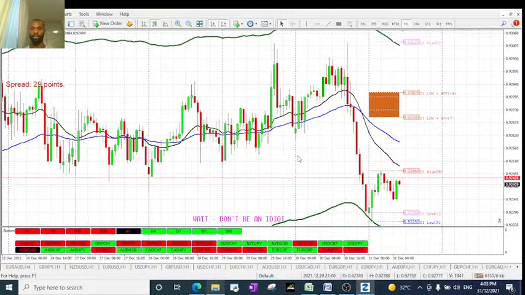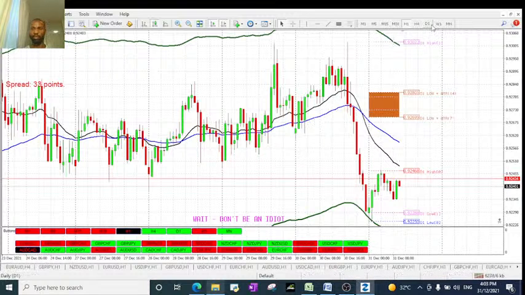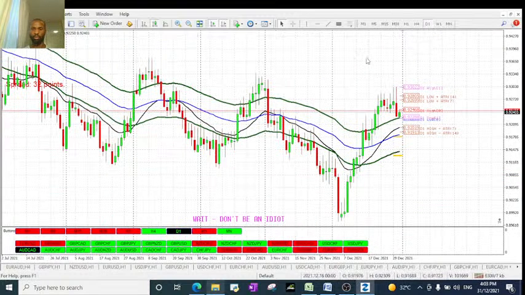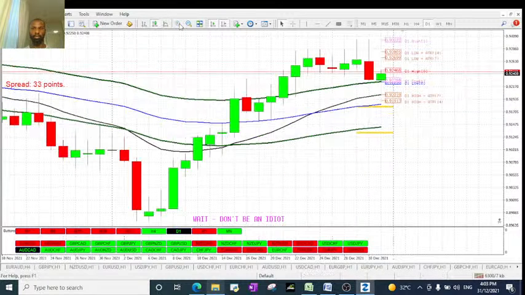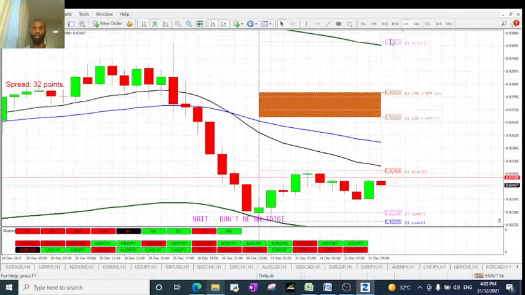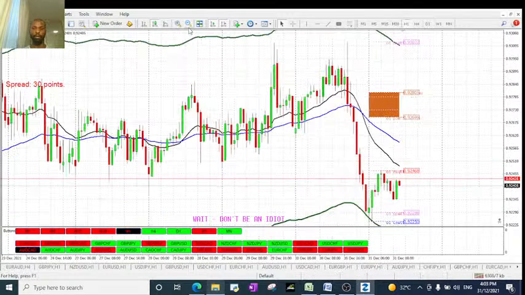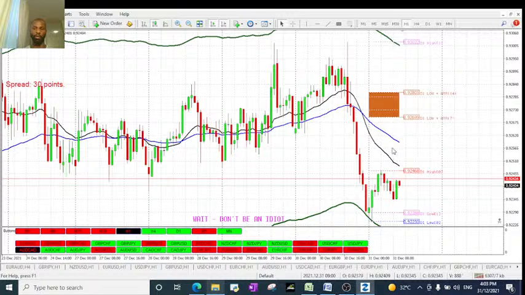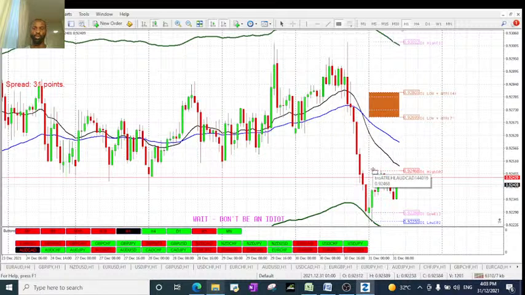Look at this. We might have something to work with here. Maybe not. I was thinking that a buy might be, we might have a good buy setup right here. But the thing is, the momentum from the previous day is just too strong.